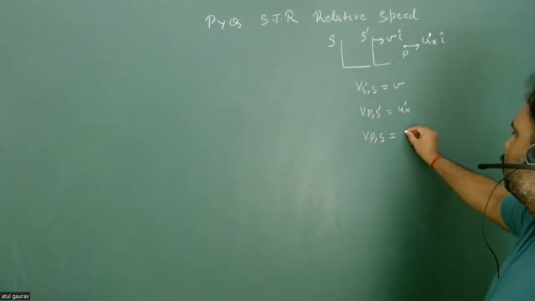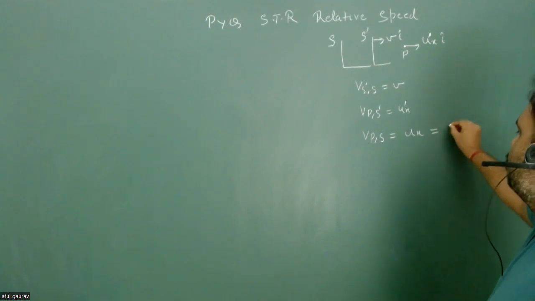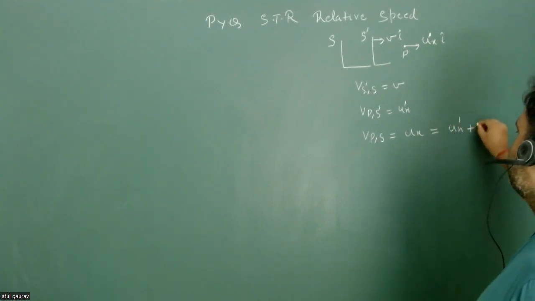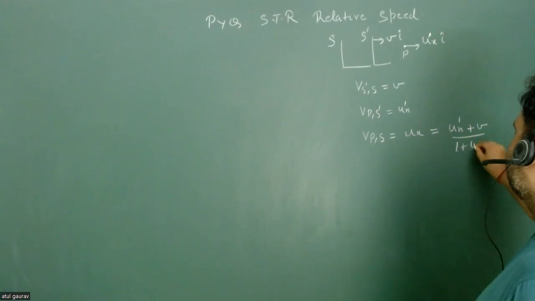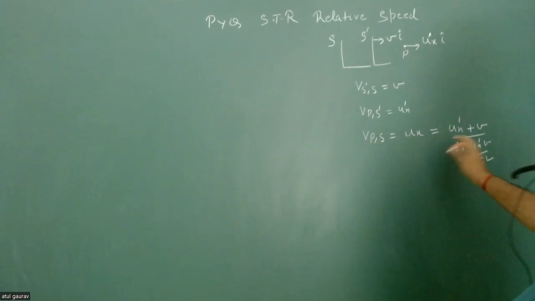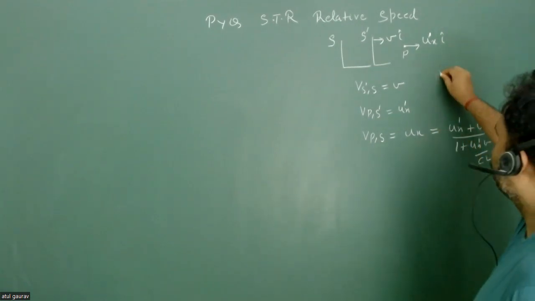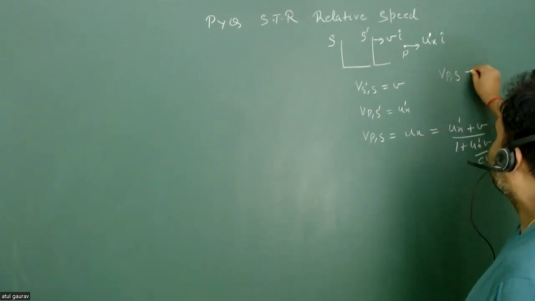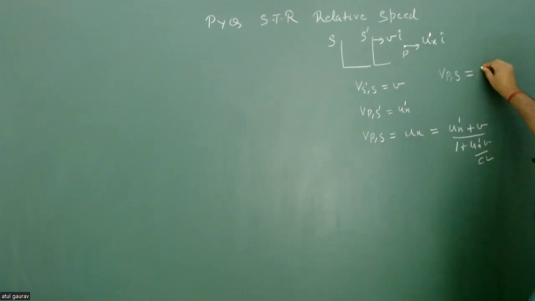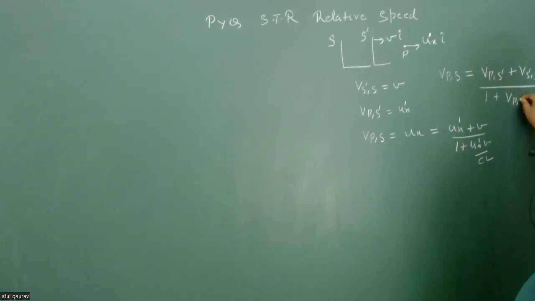In each and every case, we will calculate the velocity of the particle with respect to S, which will be, let's say, ux, and this value is equal to (ux dash plus v) upon (1 plus ux dash v upon c square). So the velocity of the particle with respect to S is the velocity of the particle with respect to S dash plus the velocity of S dash with respect to S, upon 1 plus the velocity of the particle with respect to S dash into the velocity of S dash with respect to S upon c square.